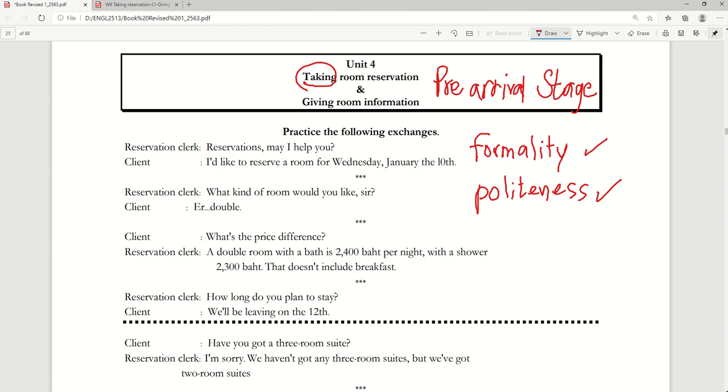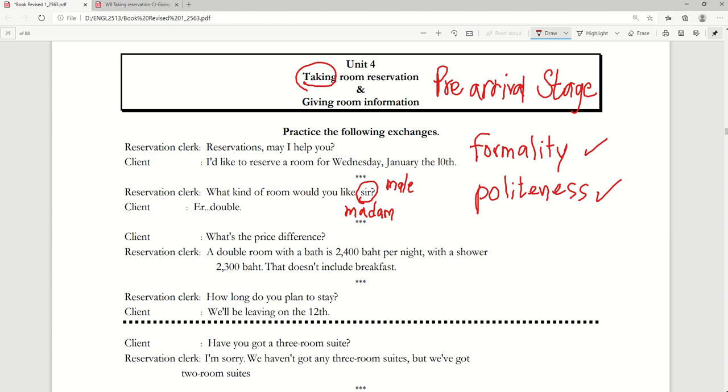So as you can see, there is the word sir. This is for male, right? Male customer. But for female customers, we use the word what? It starts with M. Madam, right?